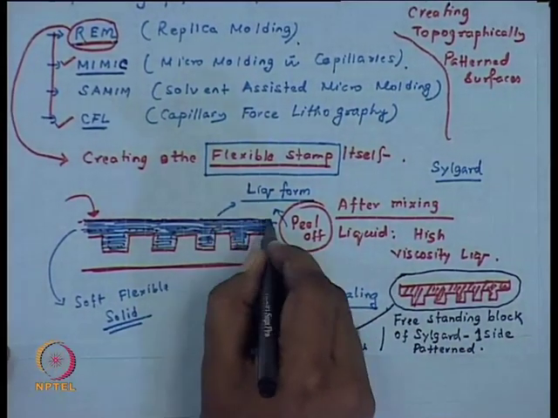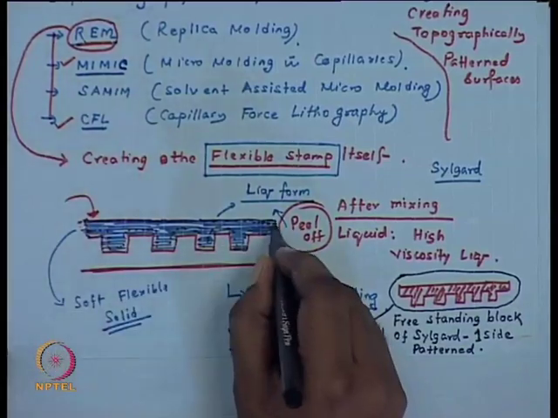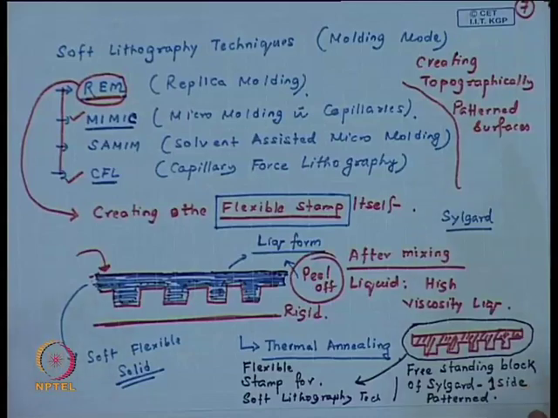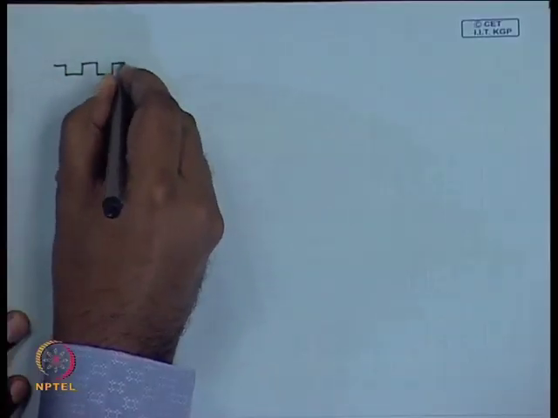You really do not need to know that this is replica molding to do this, because even from common sense you can simply do this. But this is what replica molding is, one of the simplest forms of soft lithography, and often the stamp that you require for pursuing your soft lithography techniques is itself made by replica molding.